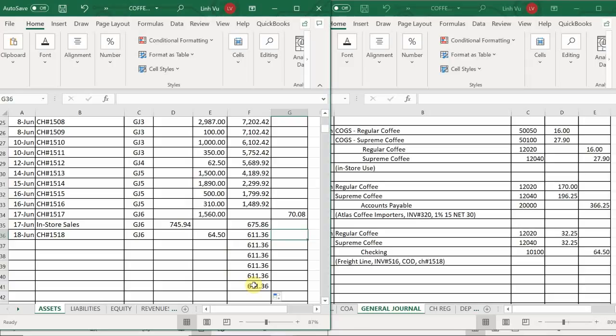There are 3 more things left. One is to update the inventory worksheet.